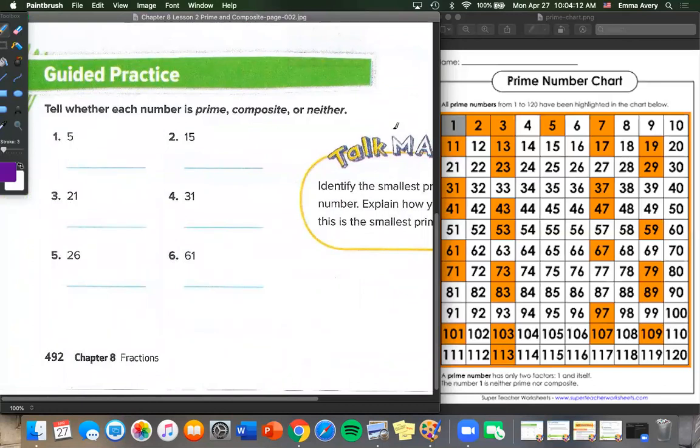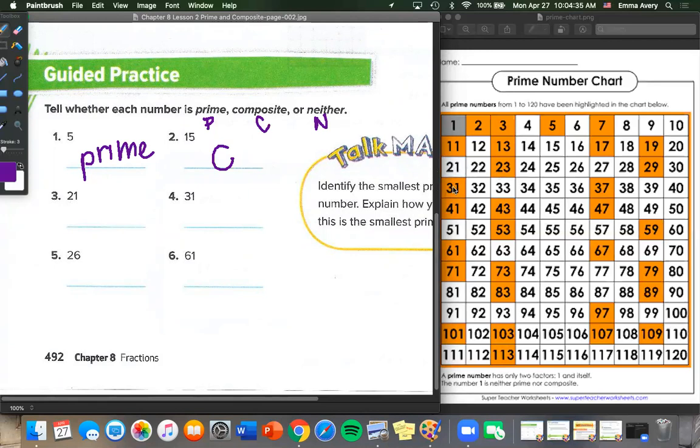So 5, well, over here it's highlighted, so that's going to make it prime. 15 is not highlighted, so that's going to be composite, and I'm just going to put a C or a P. Okay. Number 3 is 21.